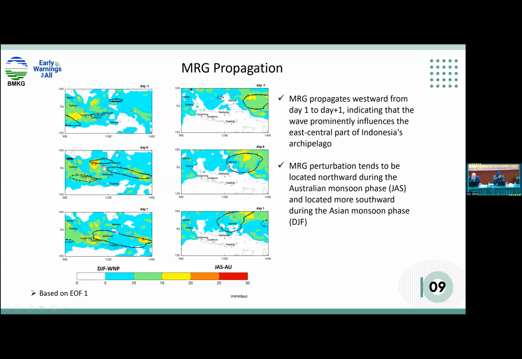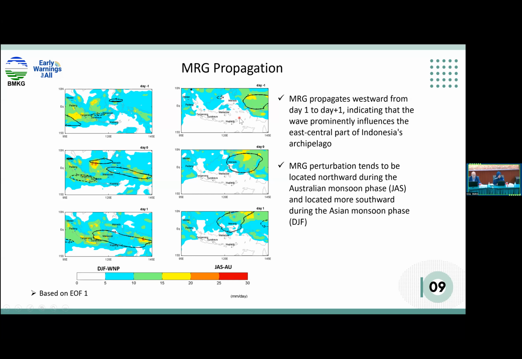I also use a regression method. During day zero, we see that the condition is quite significant in the Borneo or Kalimantan region, and it decreases on the next day.